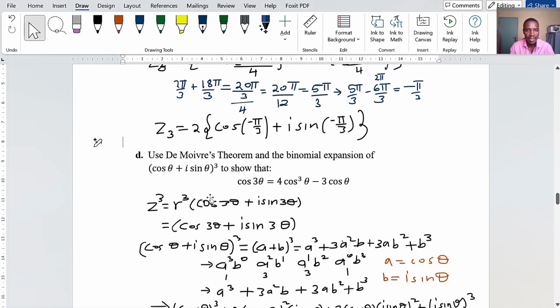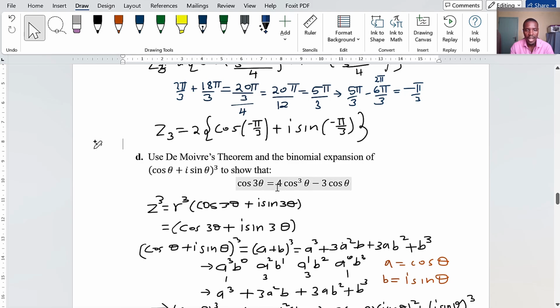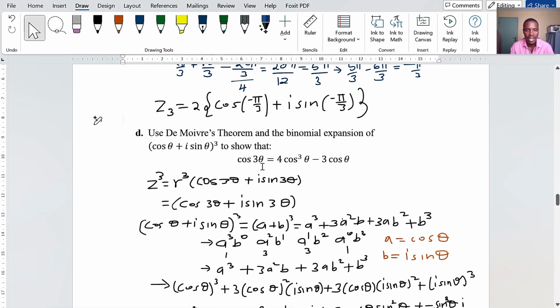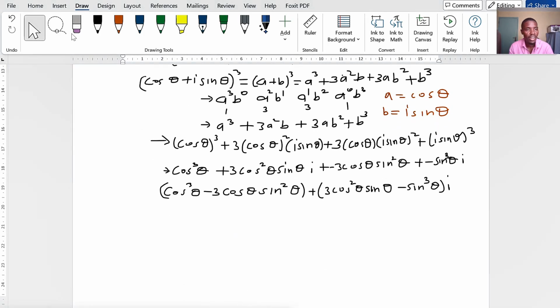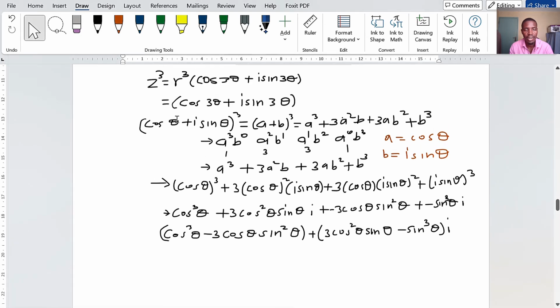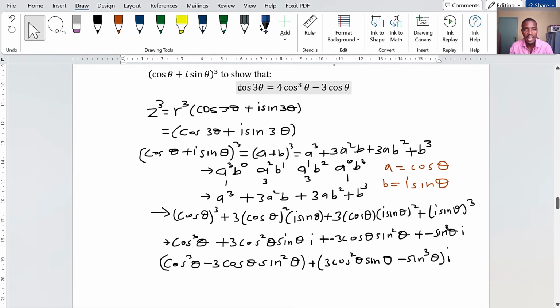So we were told that the real part which we have there must be equal to cos 3 theta. That is what we know. For complex numbers to be equal, their real parts must be equal.